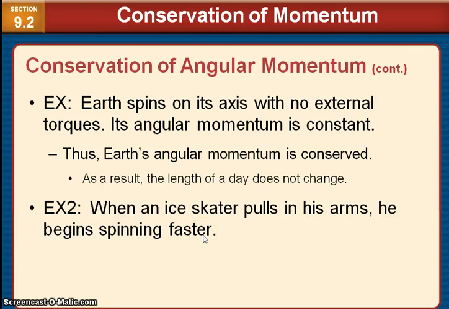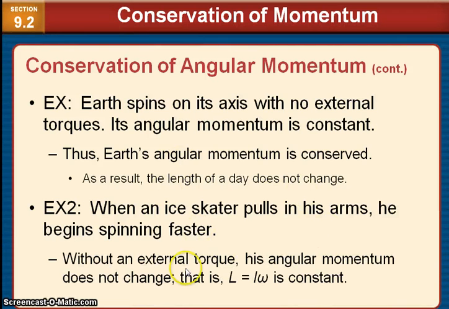Once he was already spinning, he didn't need any extra force, any extra torque. All he had to do to spin faster was bring in his arms. Without an external torque, his angular momentum doesn't change, but he can change his velocity by changing his moment of inertia.